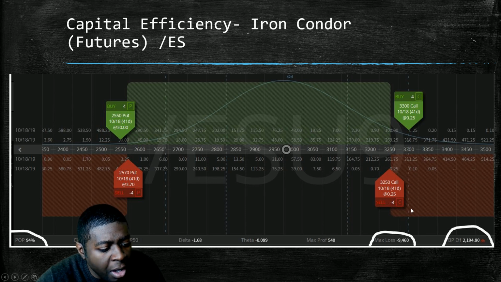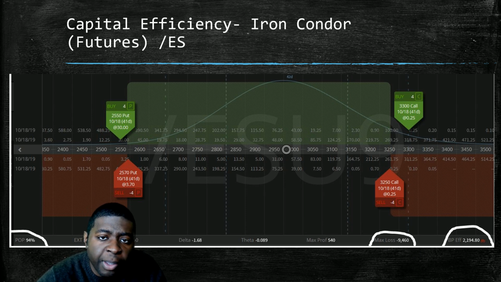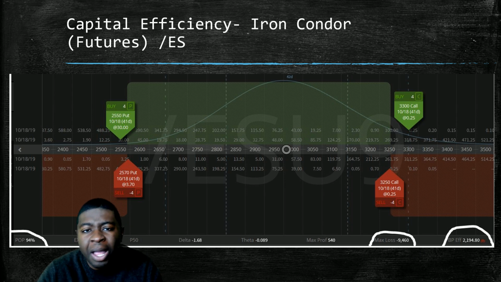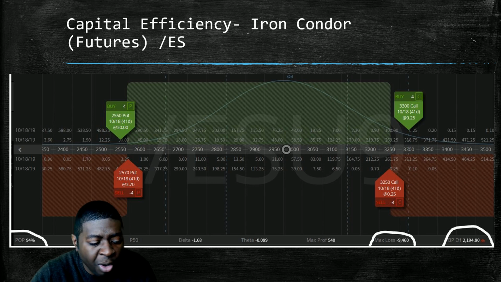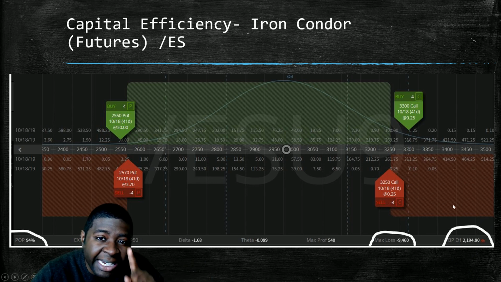The max loss on this trade is $9,460. But by using futures, we only have to put up a percentage, typically around 3 to 12% of the actual trade value, or the actual max loss. So we see here that only $2,194.80 needs to be put up to make this trade happen. Again, at 94% probability of success.